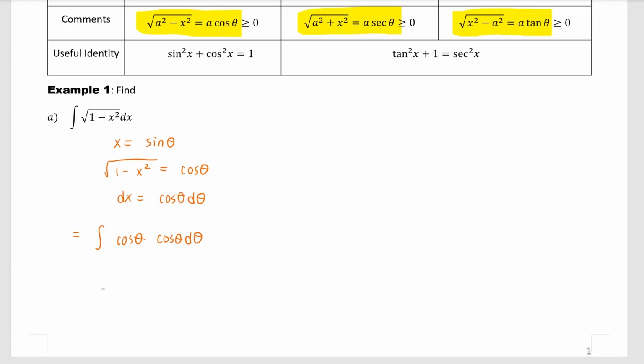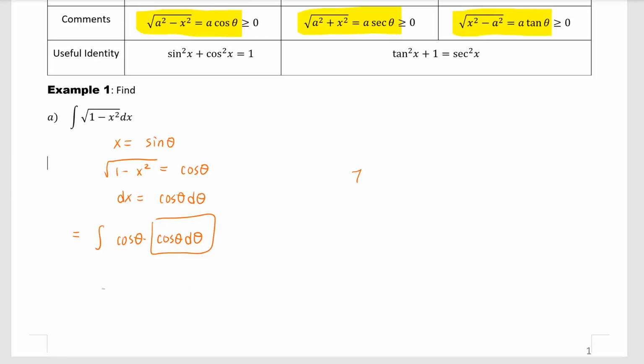But in this session, if you forgot the dx, you're integrating a different function. See, because dx is cosine theta d theta. If you don't write this term, you're only integrating cosine theta. But you actually need to integrate cosine squared. And the power makes a big difference.